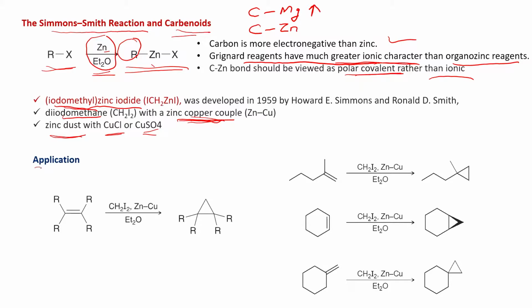What is the application of Simmons-Smith reagent? Simmons-Smith reagent is used for cyclopropanation. It will make a cyclic compound across this double bond. You will see a cyclopropane structure here. So wherever there is a double bond, this Simmons-Smith reagent will create a cyclopropyl group there.